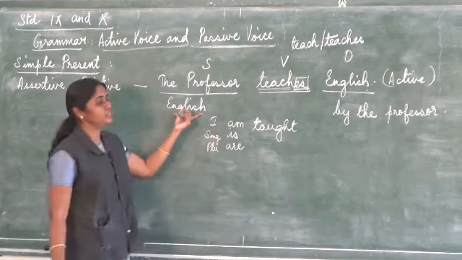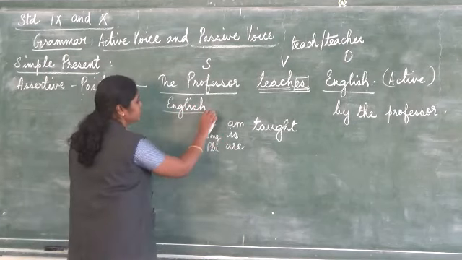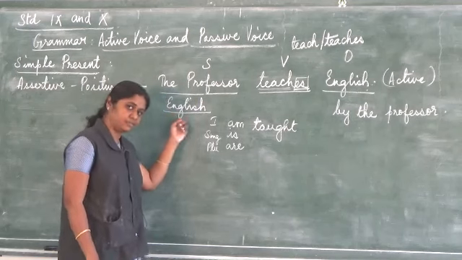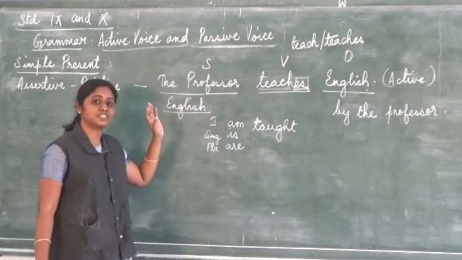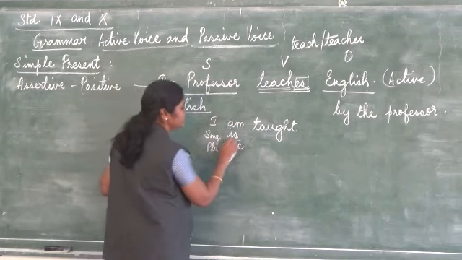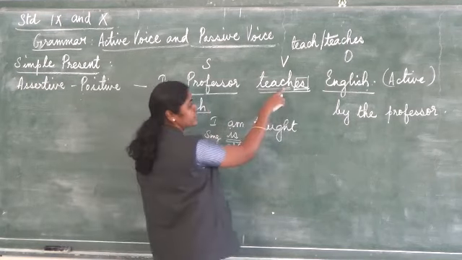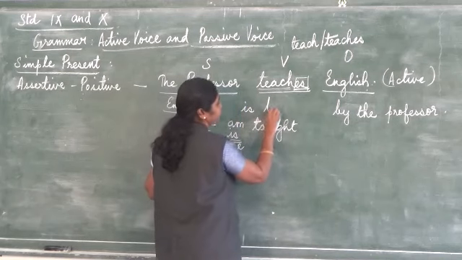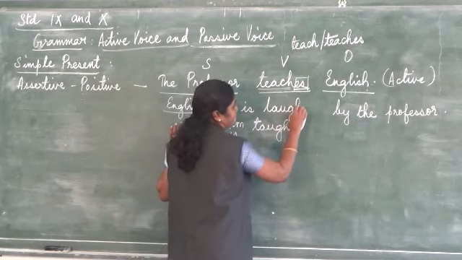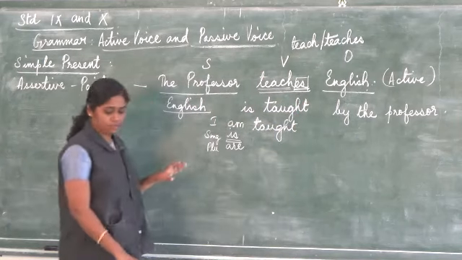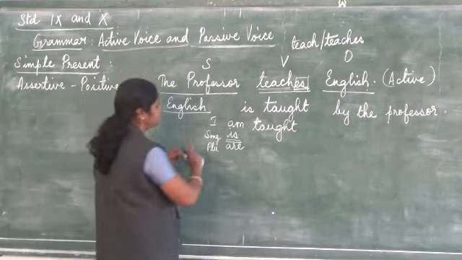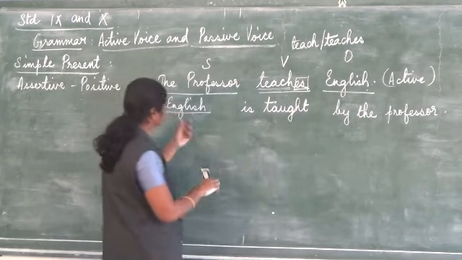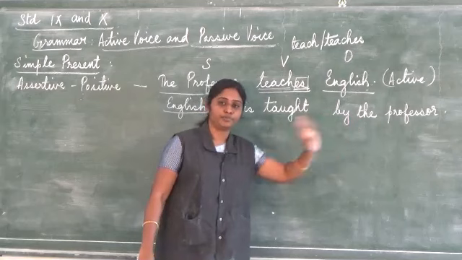Now if you see in this answer, the subject is not first person singular, but it is a singular noun. So for a singular noun you are supposed to use only is. What is the V3 form, that is the past participle form, of teach? It is taught. So this is how you have to write the answer: English is taught by the professor.